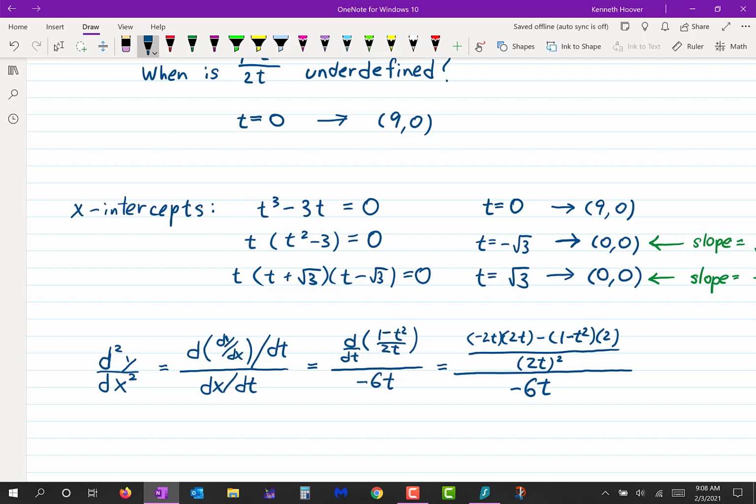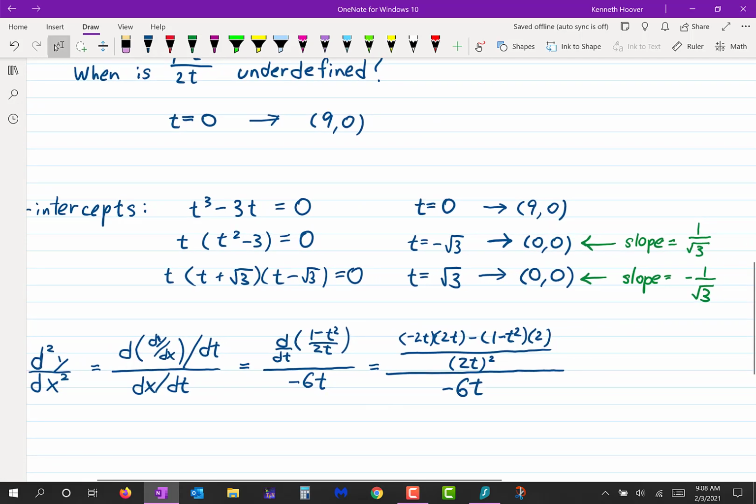Okay. What I got was, I narrowed it down to negative 2t squared minus 2 divided by negative 24t cubed, and then that simplifies further into t squared plus 1 over 12t cubed. Okay?